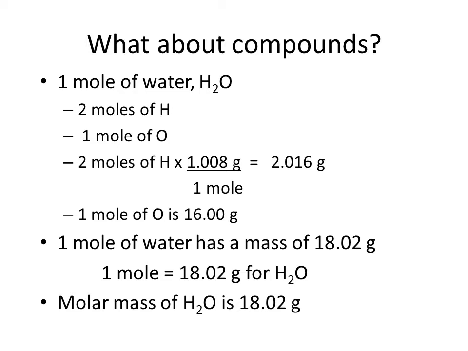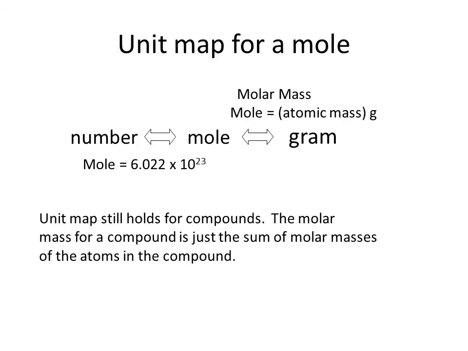From the periodic table, I can see that 1 mole of oxygen is going to have a mass of 16 grams. If I sum these together, I can determine that 1 mole of water will have 18.02 grams. We call this the molar mass of water, just as we would call 1.008 grams the molar mass of hydrogen.